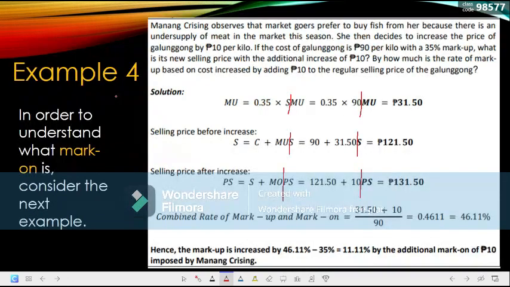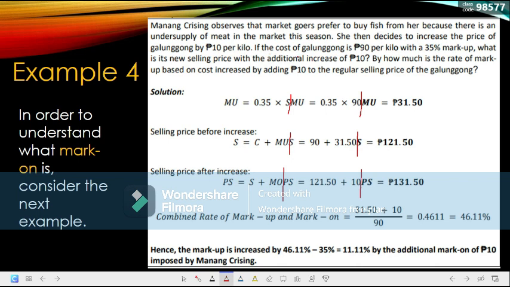Okay? So let's have an example. Manang Krising observes that market goers prefer to buy fish from her because there is an undersupply of meat in the market this season. She then decides to increase the price of galunggong by 10 pesos per kilo.